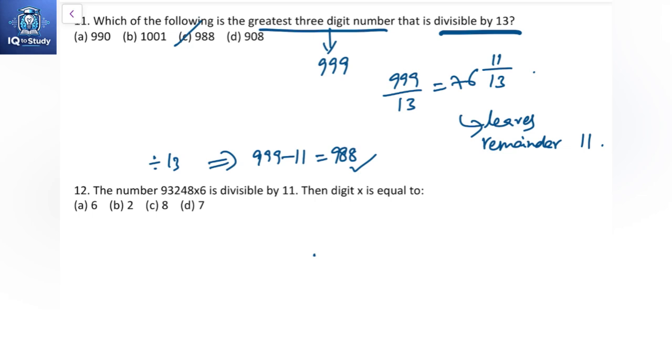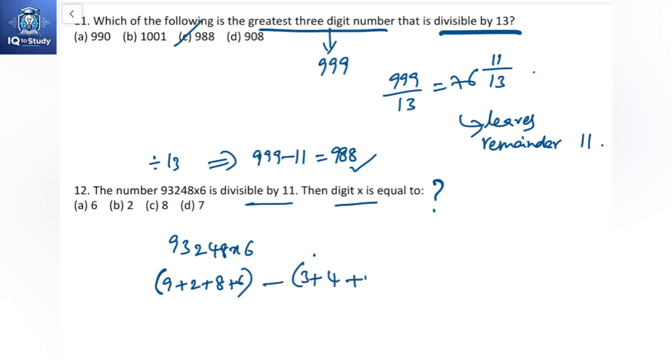The number 93248x6 is divisible by 11, then the digit x is equal to question mark. We know the divisibility rule of 11 is sum of even places minus sum of odd places is equal to 0. So 9 plus 2 plus 8 plus 6 minus 3 plus 4 plus x.